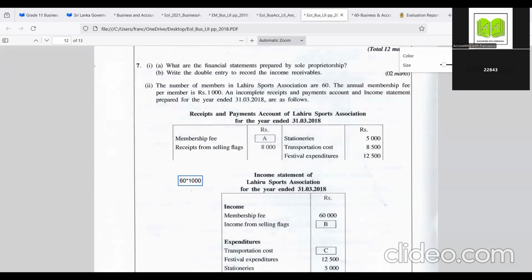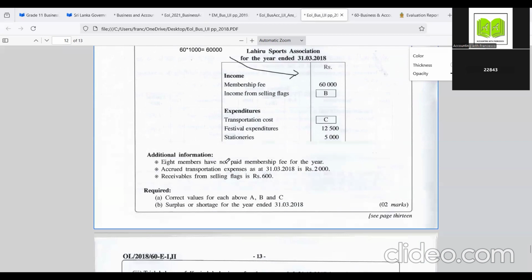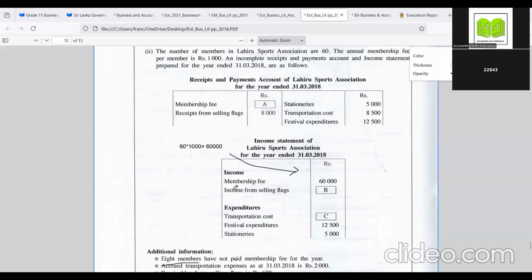Per member is 1,000. Total fees is 60,000. Total fees is recorded. There is additional information: 8 members have not paid. 8 into 1,000, 8,000.